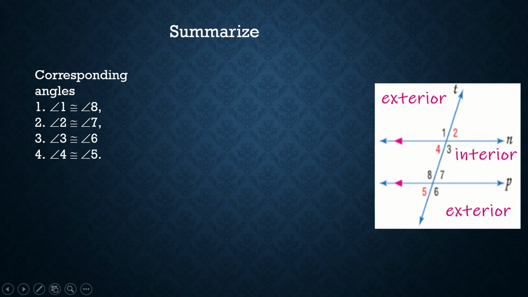Excellent. Now let's talk about alternate interior angles. So interior, alternate means either side. So angle 3 is congruent to angle 8. So angle 4 is congruent to, excellent, 7.